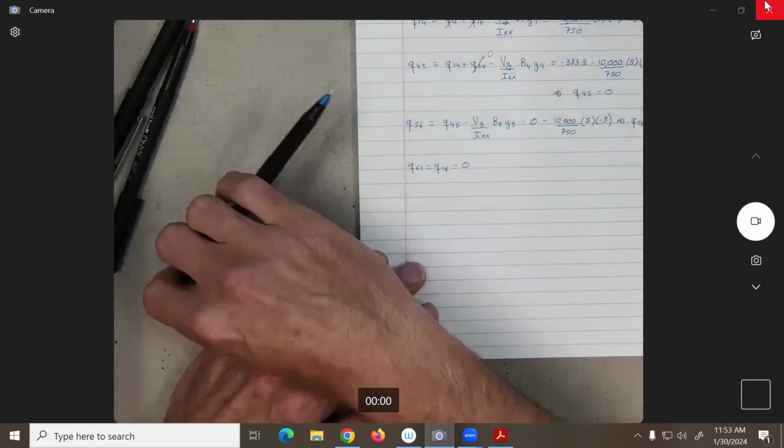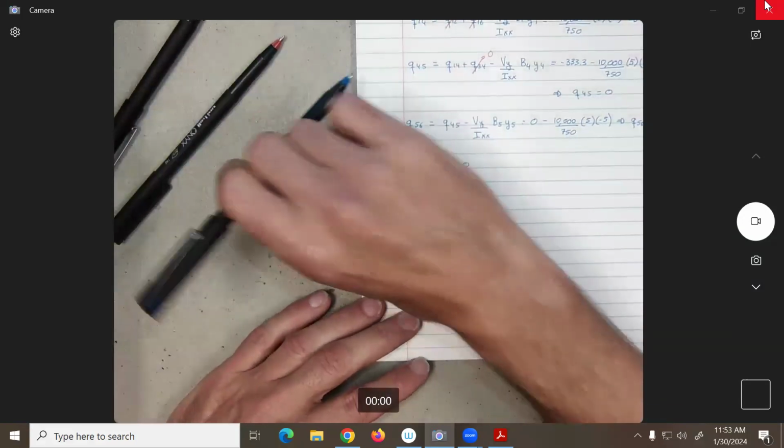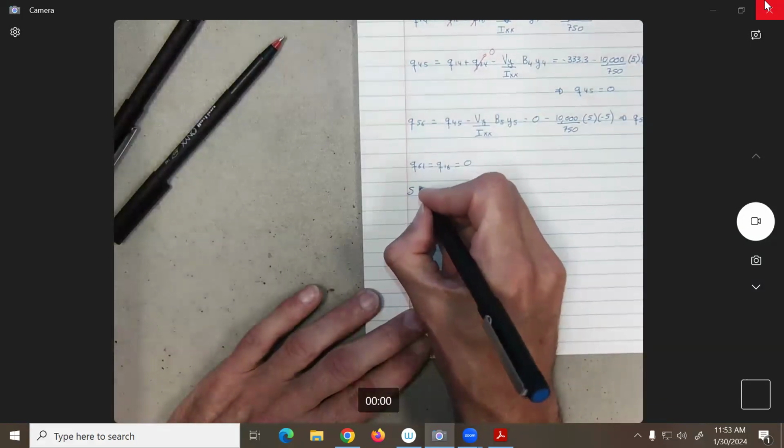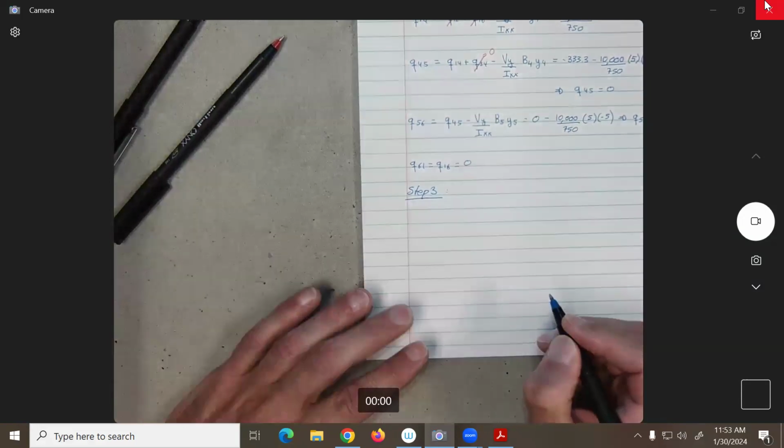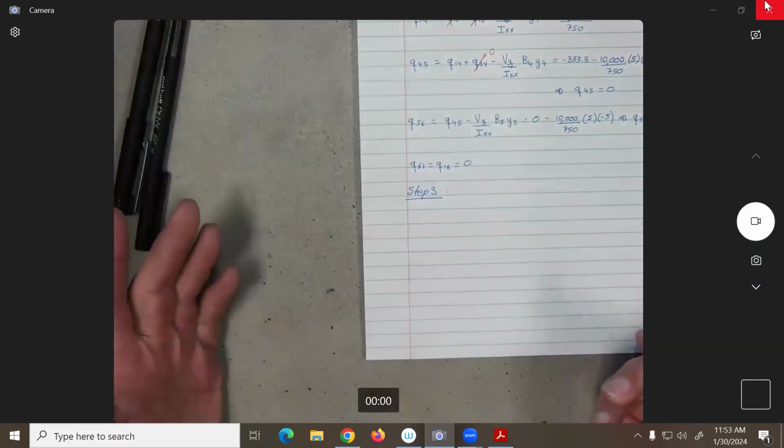Okay, so now, step 3, let's see what did I use. Step 3. Because we made the cuts, we changed the structure.